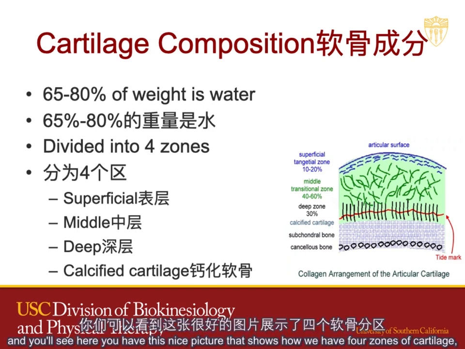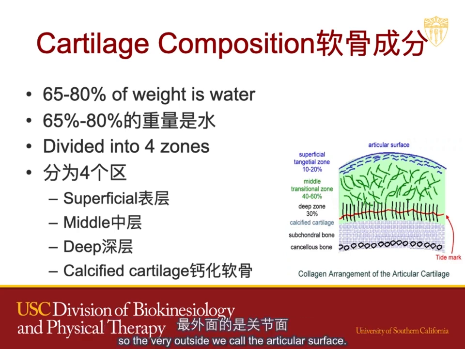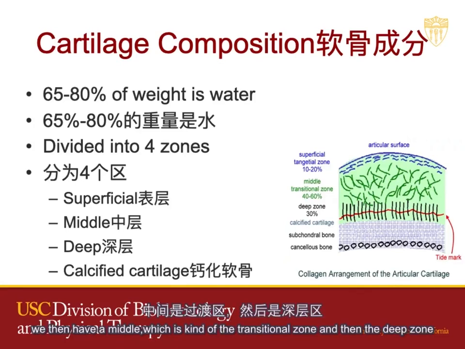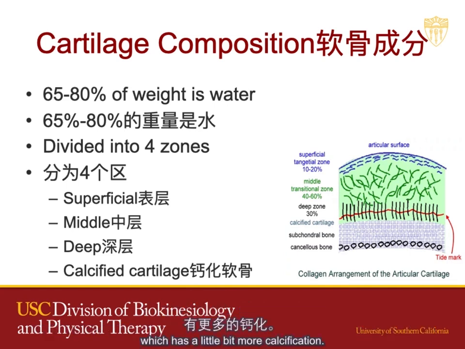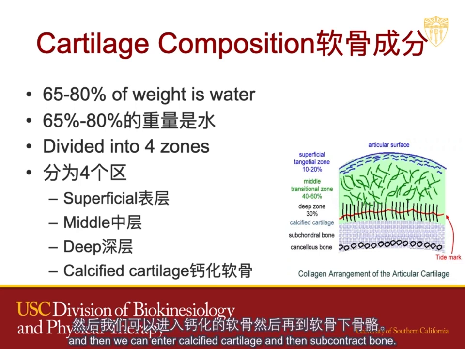And you'll see here you have this nice picture that shows how we have 4 zones of cartilage. So the very outside we call the articular surface. We then have a middle, which is kind of the transitional zone, and then the deep zone, which has a little bit more calcification, and then we get into calcified cartilage and then subchondral bone.